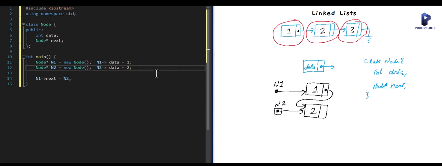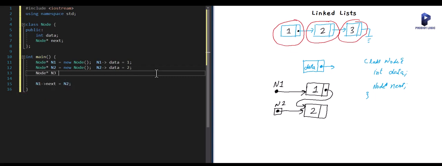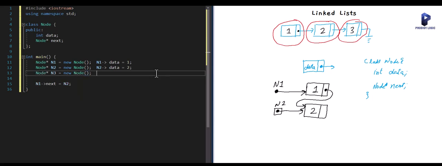So let's create another node here. Node pointer n3 equal to new node, and then put data 3 in it, so that in memory it looks like this. We're creating another pointer variable n3 which is pointing to a memory location where a node with data 3 is stored.